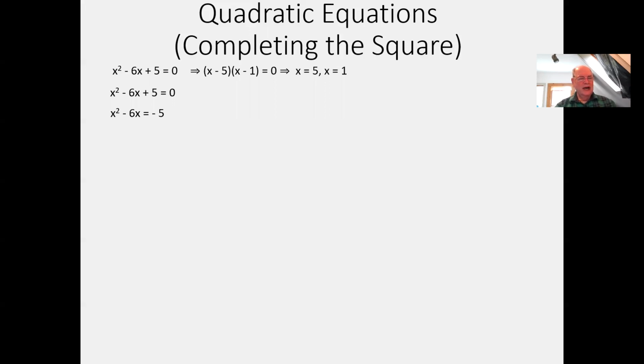Well, we know from the algorithm of how you multiply these terms together that if I want to do that, I need to look at that minus 6. I'm going to cut the minus 6 in half. x minus 3 will give me the minus 6 term. So I look at that middle term of minus 6, cut it in half, and if I say x minus 3 squared, I'll get the x squared and the minus 6x.